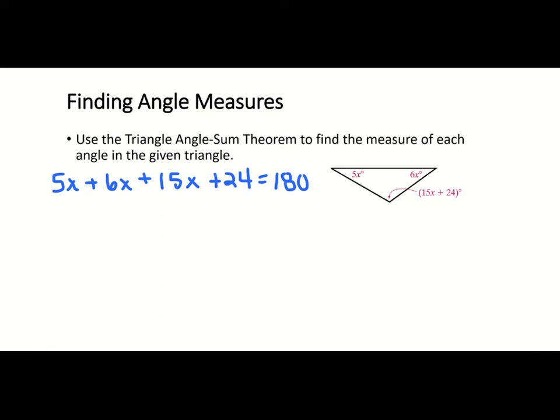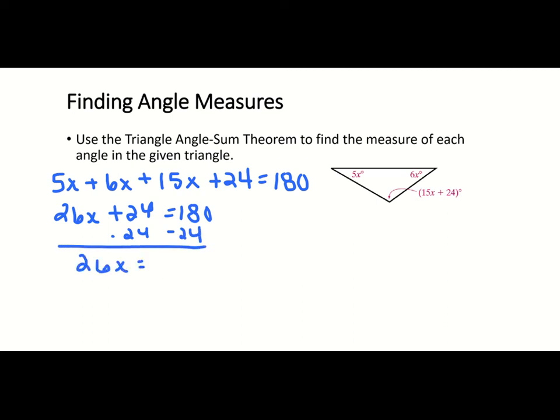So 5 plus 6 is 11x. 11 plus 15x would give me 26x plus 24 equals 180. Then we'll solve our equation, so I'll subtract 24 from both sides. I get 26x is equal to 156. Divide by 26. And x will equal 6.